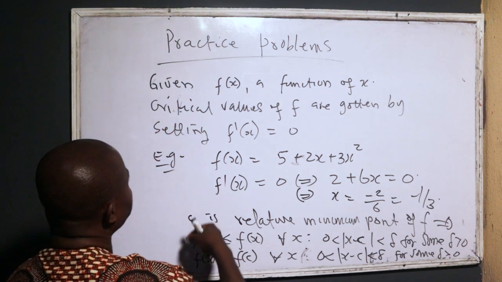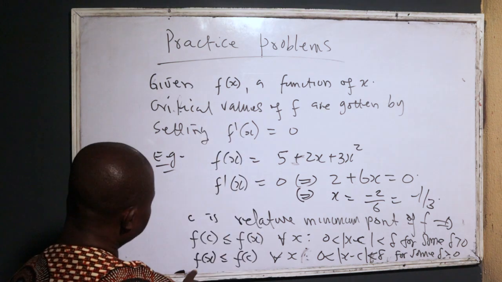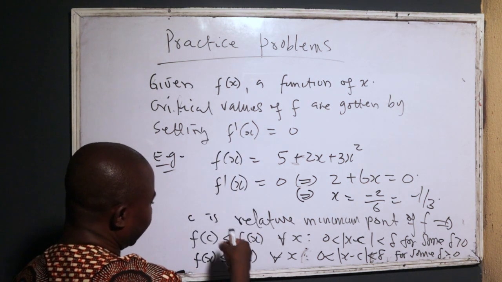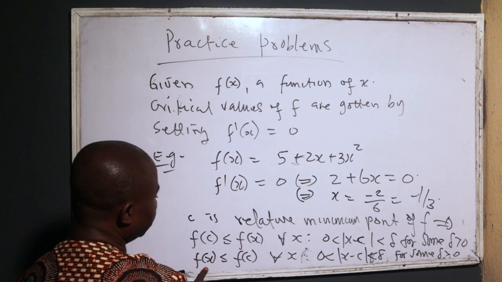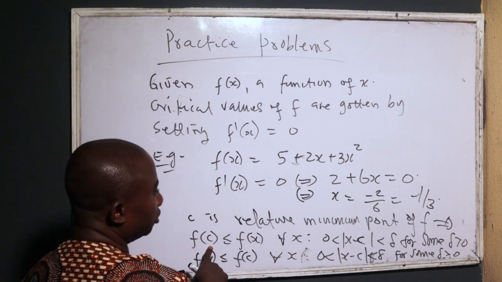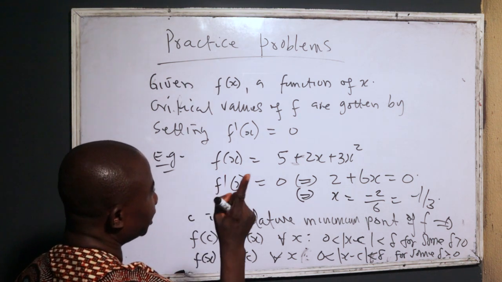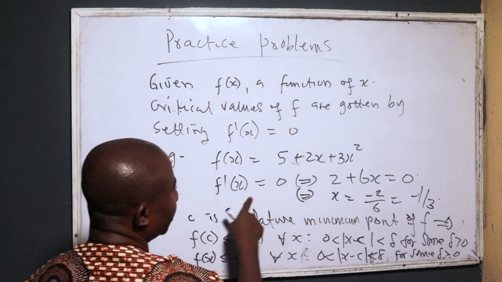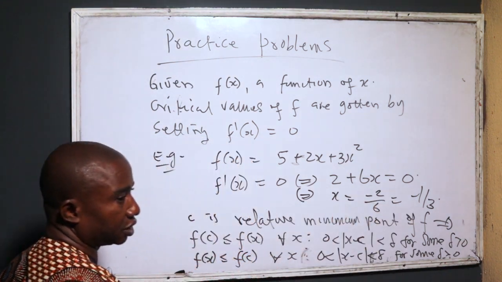Now, let's go back to what we were learning. We're trying to learn or relearn how to compute a relative maximum and relative minimum of a given function. And I said the first thing to do is to find the critical values of that function.